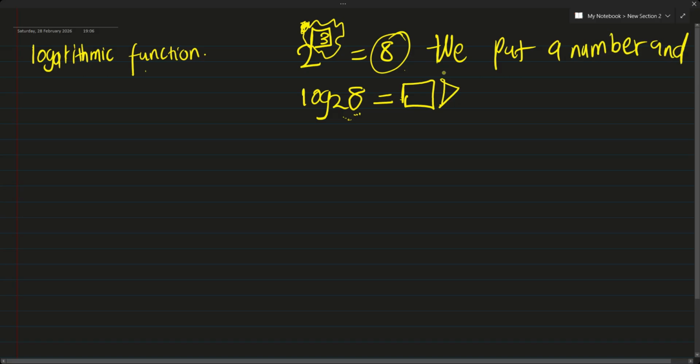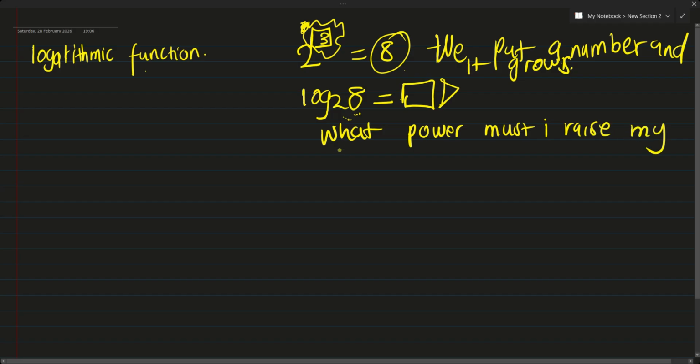Here we're gonna be like, okay, what power must I raise my exponent to, to get this number?